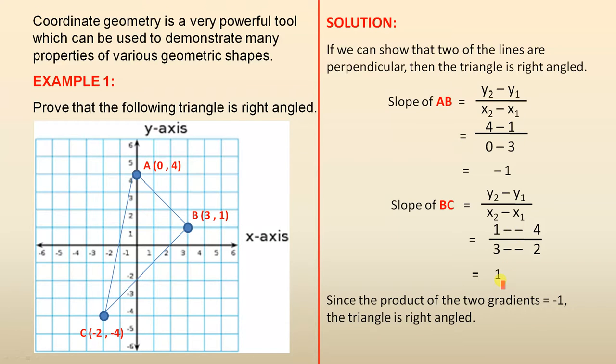When we simplify that, that works out to be 1. So one of the slopes is negative 1 and the other slope is plus 1. Since the product of the 2 gradients equals negative 1, the triangle is right-angled. Of course, we saw in an earlier video that if 2 lines are perpendicular, the product of their slopes is negative 1.